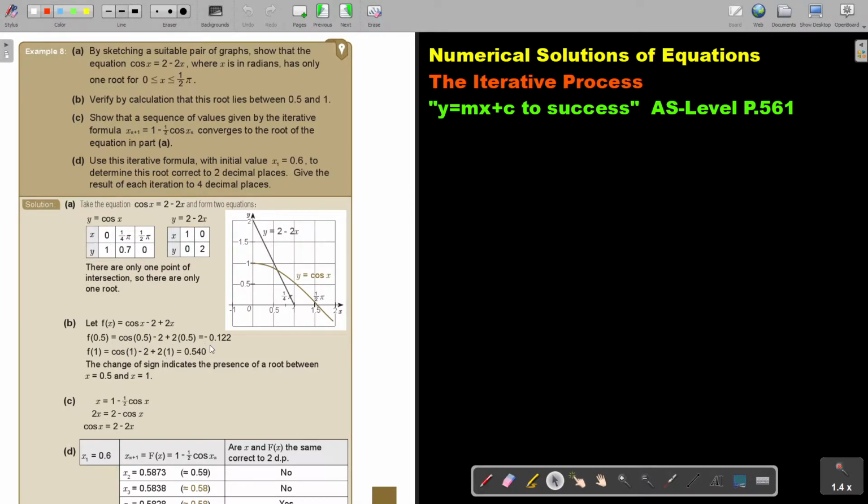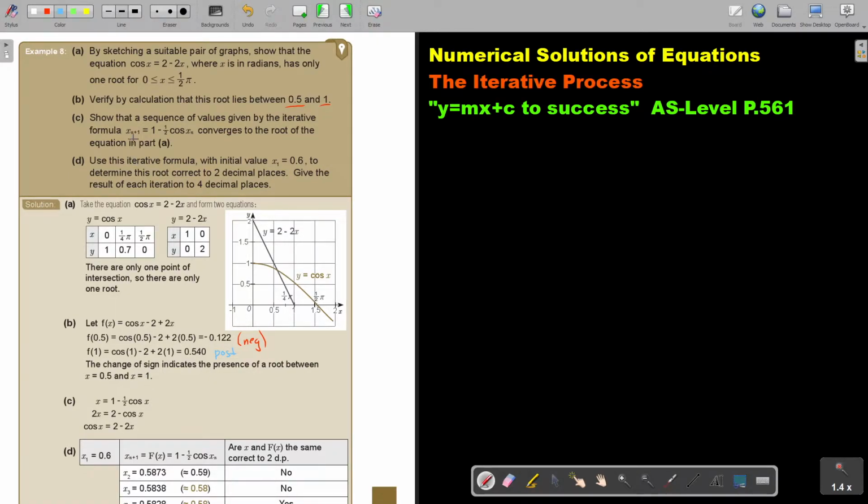Then I substitute 0.5 and I get a negative value, take note. Then I substitute the 1, so it's between these two, and I get a positive value. Then the change of sign indicates the presence of a root between 0.5 and 1.